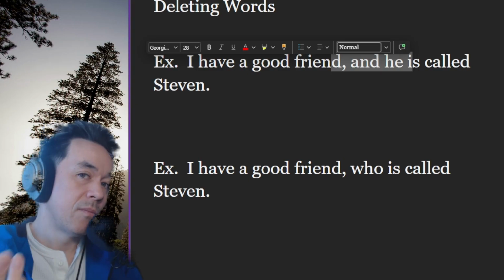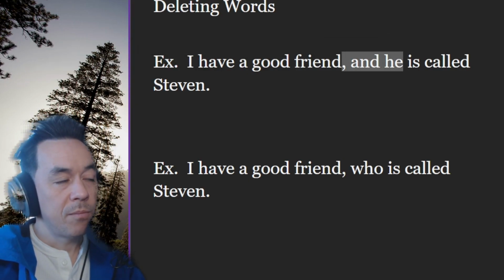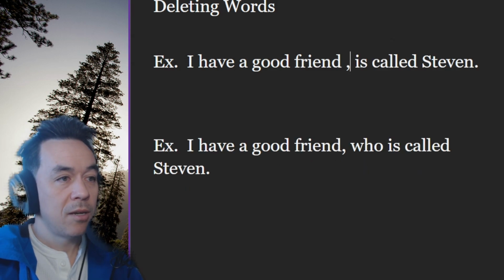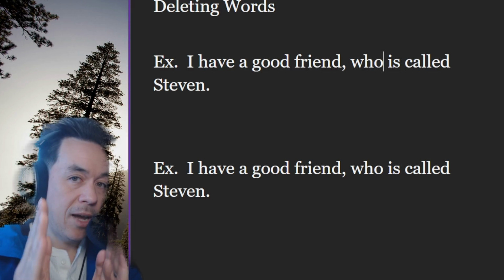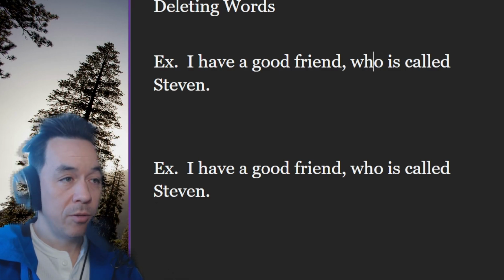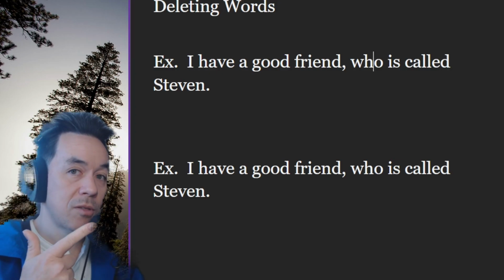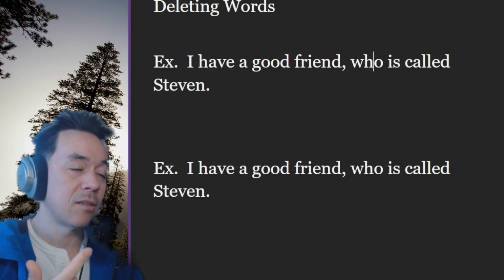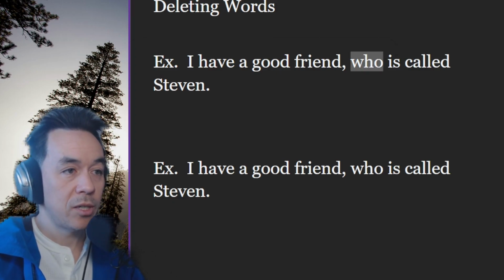That would be the natural spoken version. I press my students to say, who is called Stephen? So, and he, one word cut. I have a good friend who is called Stephen. So the rhythm is faster when you use this style. And as you practice it, your listening will improve from using just this one change.